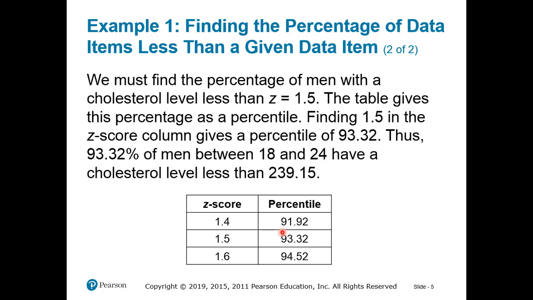That means 93.32% of individuals 18 to 24 have cholesterol levels that are less than 239.15.